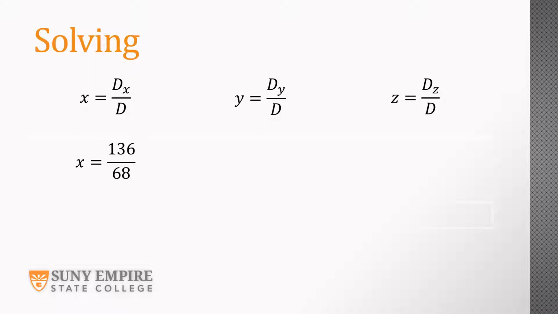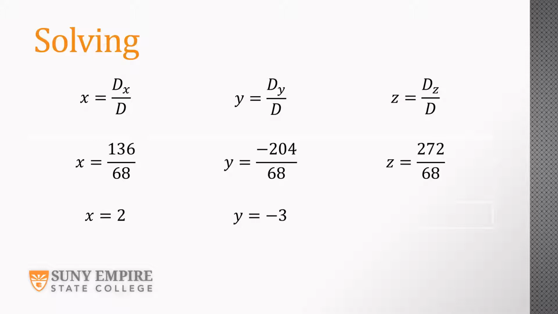Solving for x, we have 136 divided by 68, so x is 2. Solving for y, we have -204 divided by 68, y equals -3. Solving for z, we have 272 divided by 68, z equals 4.